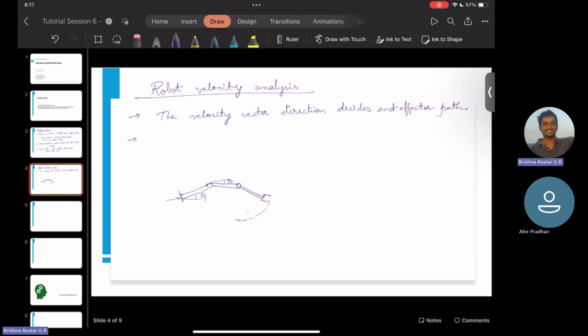So in the forward problem, given actuator rates, we are to find path velocity.